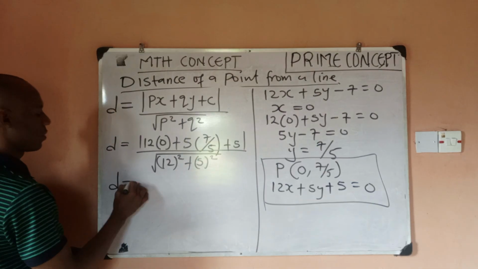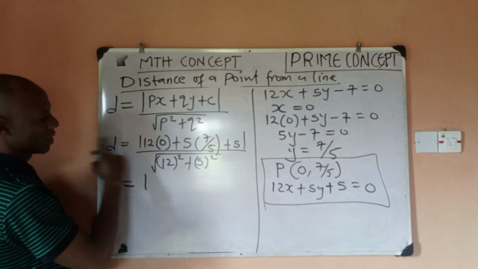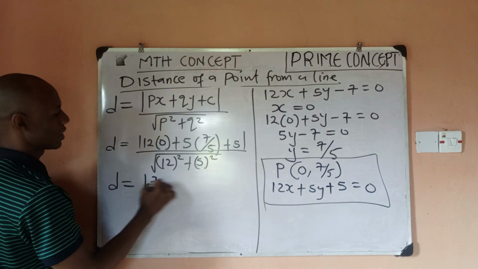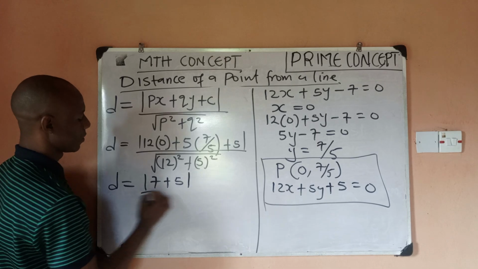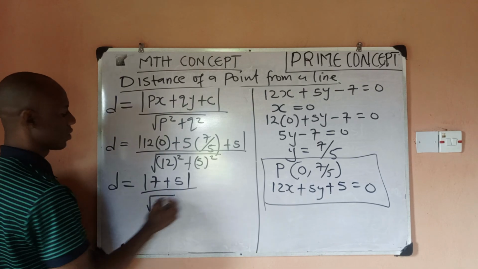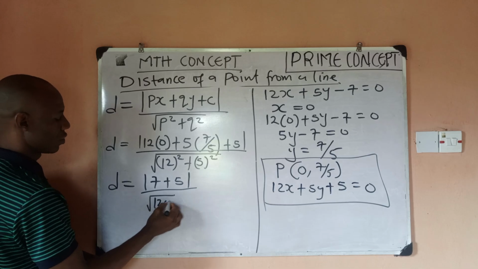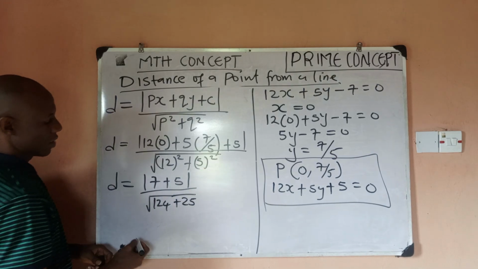When I solve this, 12 times 0 is 0, and 5 cancels 5, leaving me with 7. So I have 7 plus 7 here, plus 5, all divided by the square root of 12 times 12 plus 25.